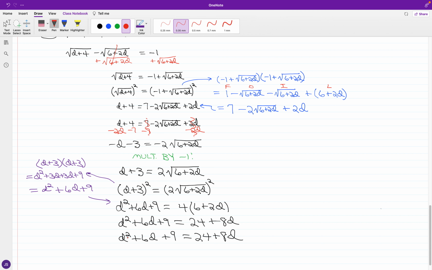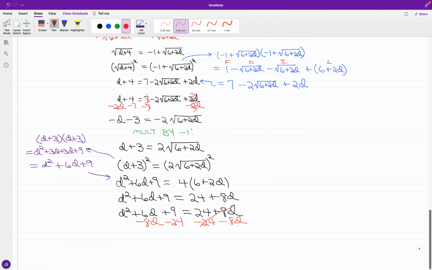If I write this in standard form, the highest degree term is d squared, which is to the left. Now I'll just move the terms from the right over. In the rewrite, we have d squared, 6d minus 8d is negative 2d, and 9 minus 24 is going to be negative 15.